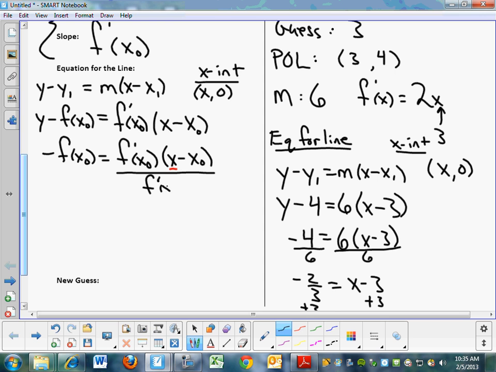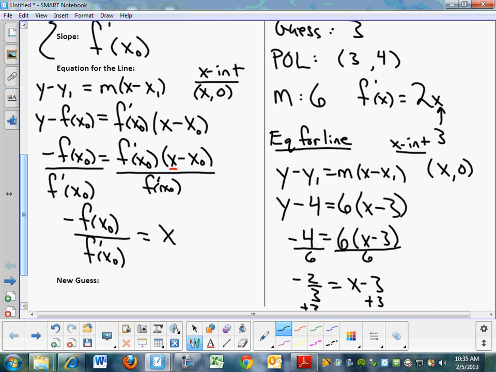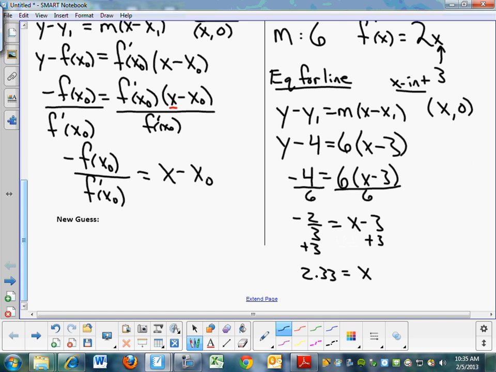Divide both sides by f prime of x sub 0. And you get negative f of x sub 0 divided by f prime of x sub 0 equals x minus x sub 0.